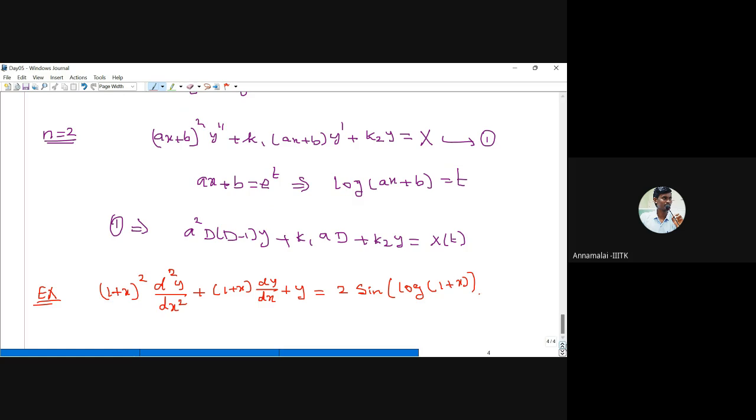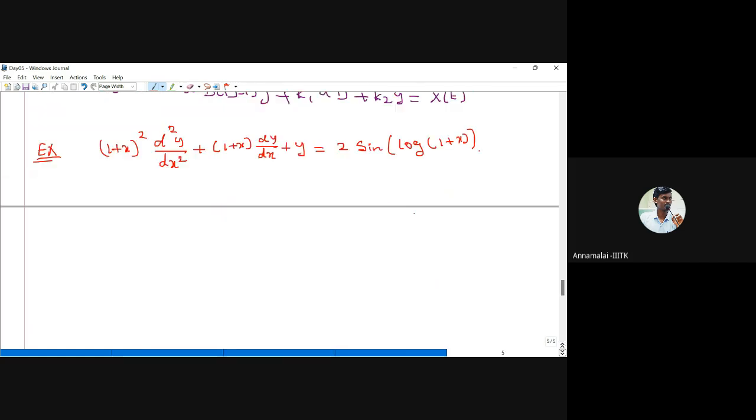Okay. Now take e power t equal to this 1 plus x. So 1 plus x equals e power t, therefore t equals log of (1 plus x). After the substitution, here a equals 1, right?